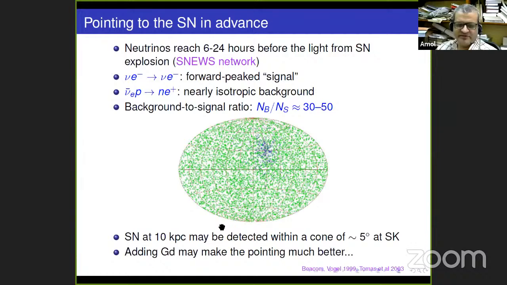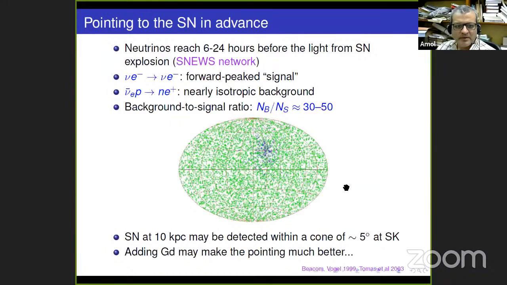Then you remove those events. So once you remove all these green events, you'll be left only with blue events, and then you can find the direction pretty nicely. Okay, so in fact very soon Super Kamiokande will have gadolinium. I don't know if it already has. I think they were planning to fill it up with gadolinium now, or at least in the next few years. And then we'll be able to get this pointing to a much greater accuracy.